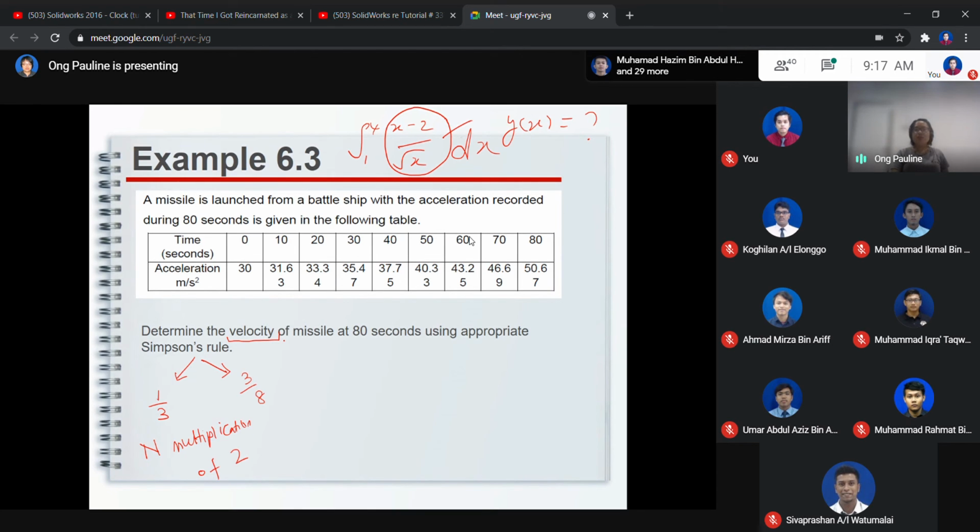And for the Simpson's 3/8, n itu, there must be a multiple of 3. Okay, so that is the main difference. Okay. So, kalau you ada data point macam ini, so soalan saya, n ini berapa? Okay, so you have been given with the data point 0 to 80, okay, dalam jadual ini. So, n ini sebenarnya berapa segments di sini?